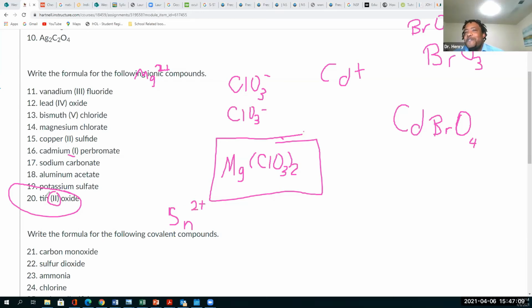So remember, the Roman numeral means that's the charge. Okay, so we have Sn 2+. So what is the charge on oxide? -2. That's correct. So I have a +2 and a -2. How many of them do I need?